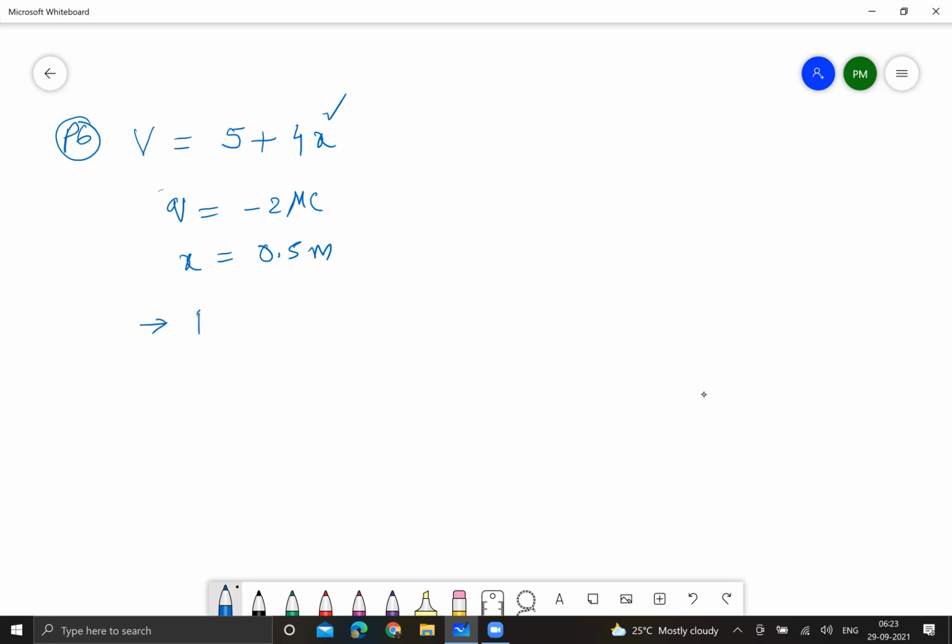So to find force, the formula is EQ, and E can be, of course, minus dV by dx. Therefore, it is minus 8x. So at 0.5, it is minus 4 Newton Coulomb inverse.